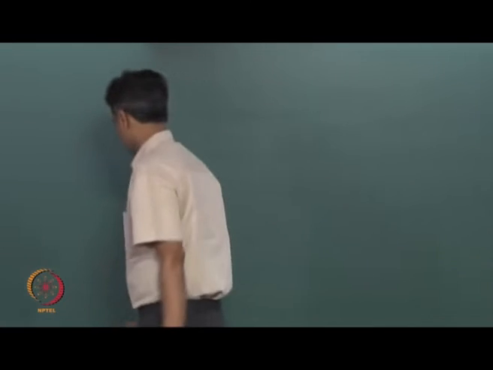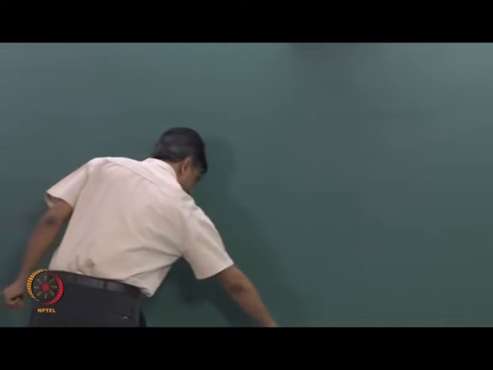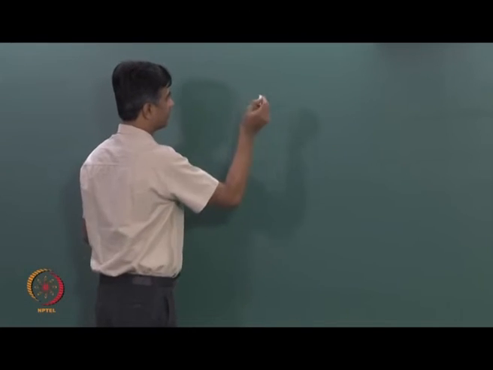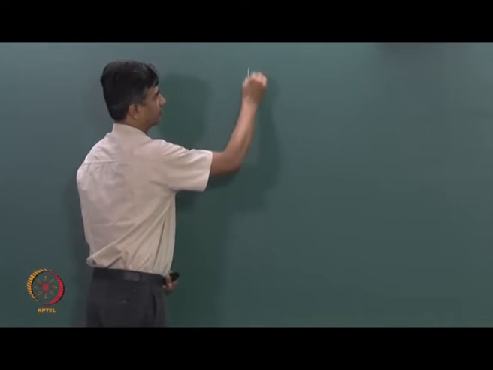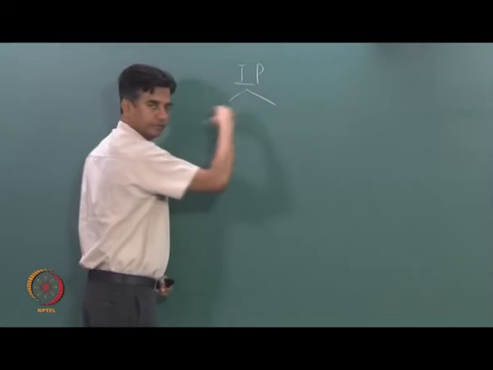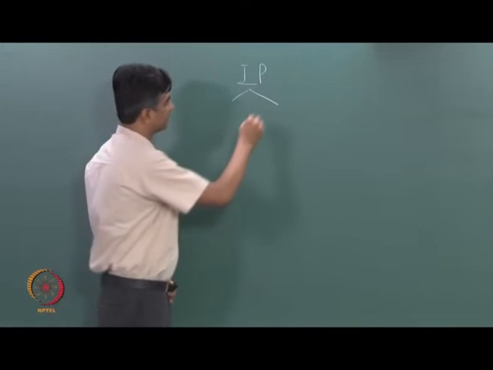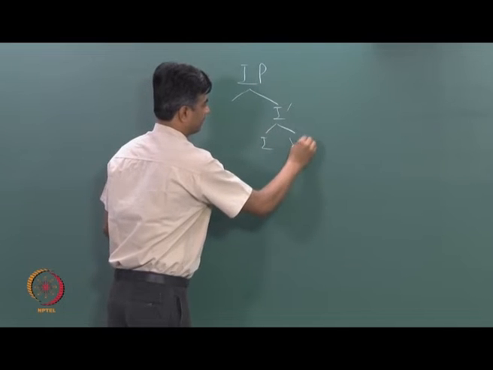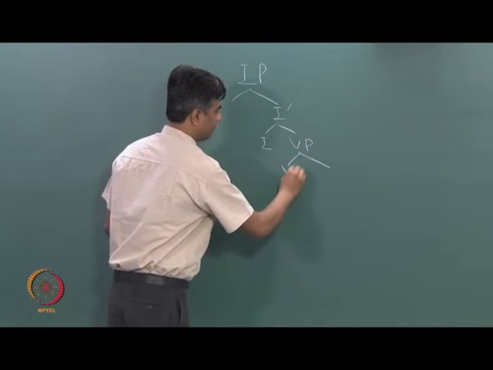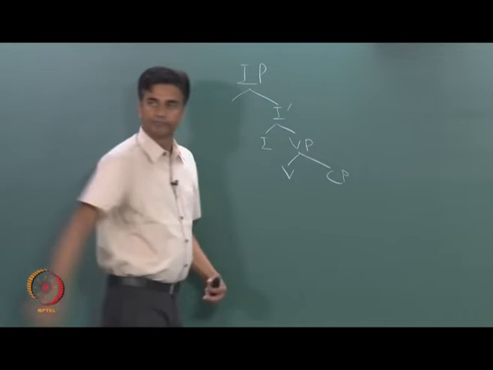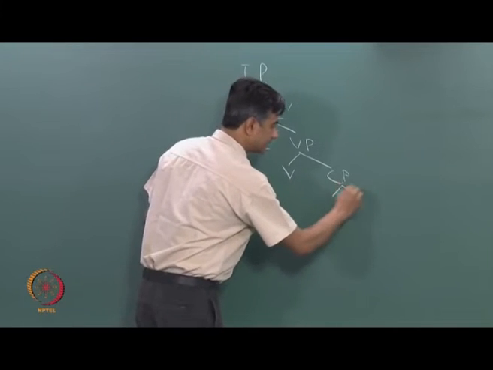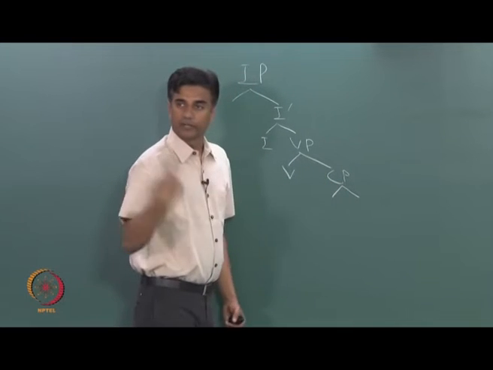Let me show you a little bit to make my point clearer. What I am trying to show here to you is, we have an IP. I'm going to put it in short. We have a V and a CP here. All right? This C, this is the CP in the red that we are talking about.